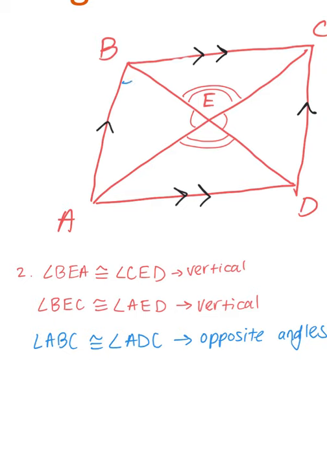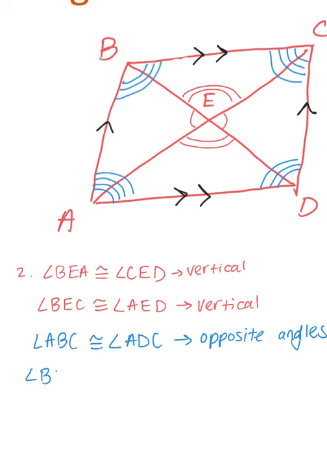ABC, ADC. 1, 2, 3. BCD is congruent to DAB. Good. 1, 2, 3, 4.